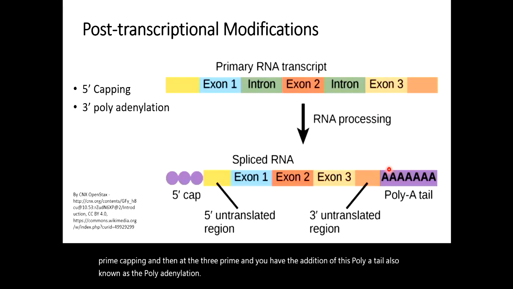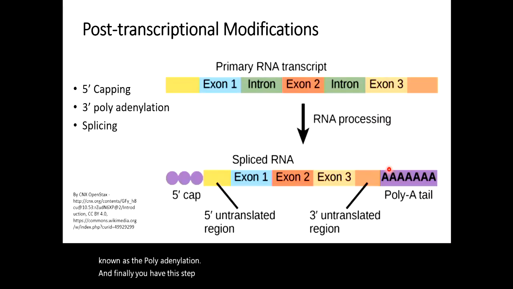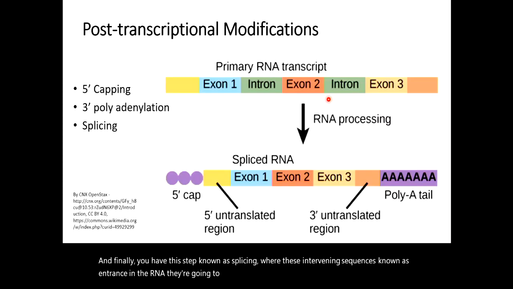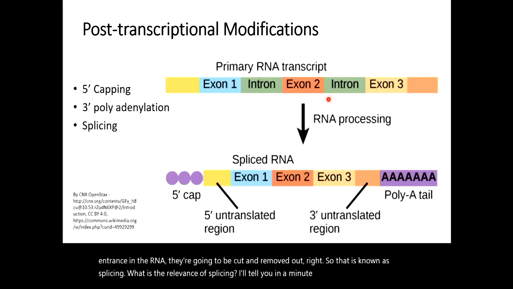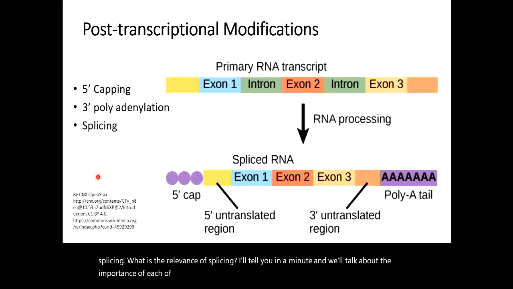And finally, you have the step known as splicing, where these intervening sequences known as introns in the RNA are going to be cut and removed out. So that is known as splicing. What is the relevance of splicing? I'll tell you in a minute, and we'll talk about the importance of each of these modifications in the next few slides.